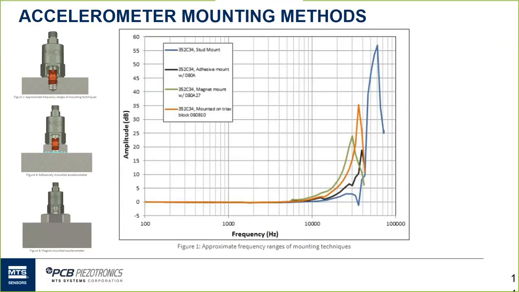The other option, not shown here pictorially, is mounting sensors on mounting blocks, and that also generally expresses response characteristics out beyond the characteristics of the sensor for the most part. So I wanted to give you an idea of what the mounting methods are and what the influence of those choices is from a frequency perspective and also from a perspective of how it influences your test article.